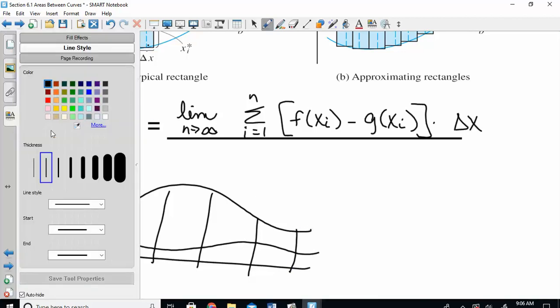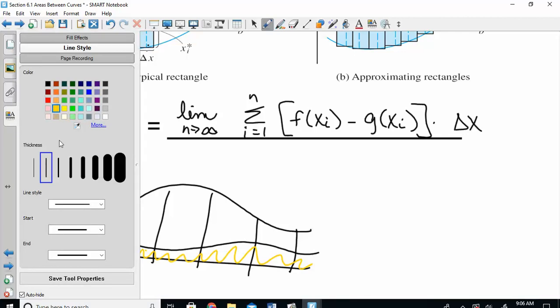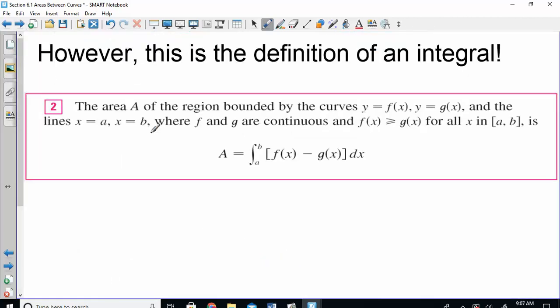And if I did the integral of the bottom curve, we would get this. So how would you get the area between the two? Subtract them. So that's really all we have to do. We don't have to do the rectangles and add up all the areas and that whole bit. We can just integrate from A to B, or starting to stopping, the top curve minus the bottom curve.